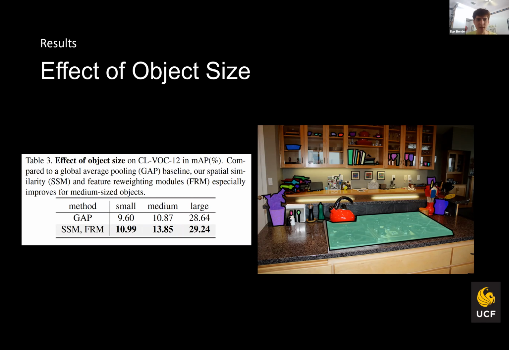The first thing to note is that they perform significantly worse on small objects than they do on large objects. And that's one of the limitations that they found with their network. I guess potentially because they don't get enough information out of only a few images for small objects. And this results in much worse performance on the MS COCO dataset.